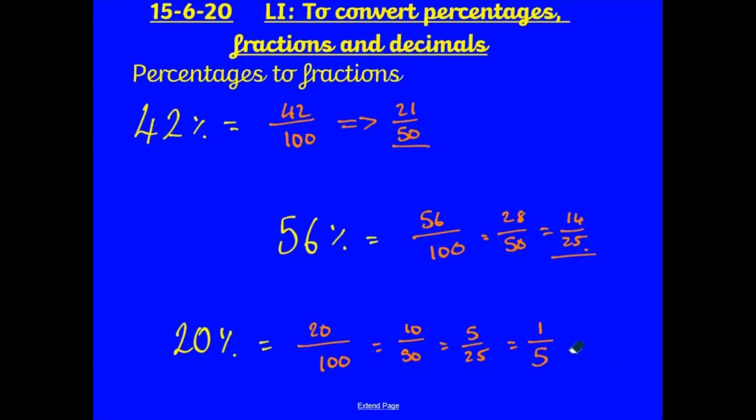Okay, so 1/5 is the same as 20%, but so is 5 25ths, and as is 10 50ths, and 20 over 100, okay, is all 20%. So the easiest way to make a percentage into a fraction is to put your percentage over 100.